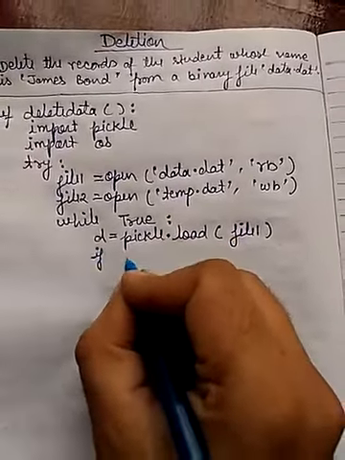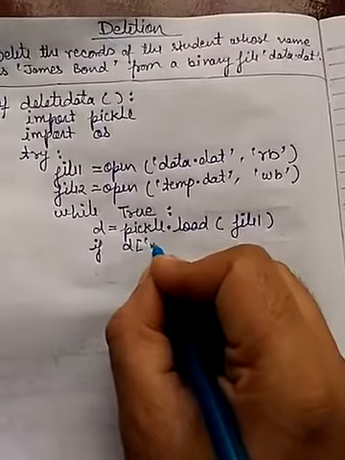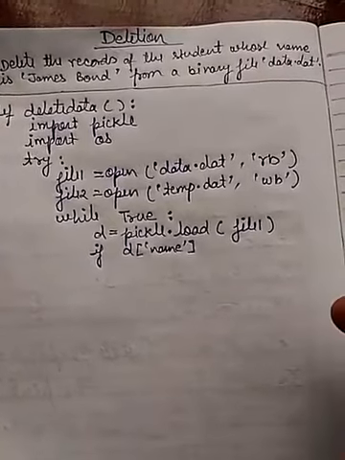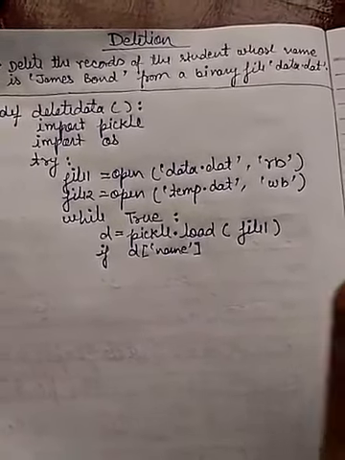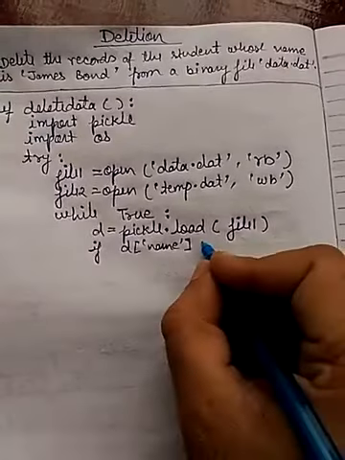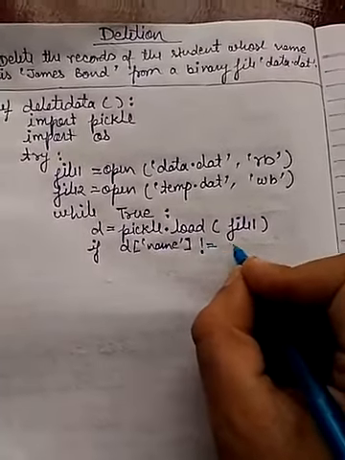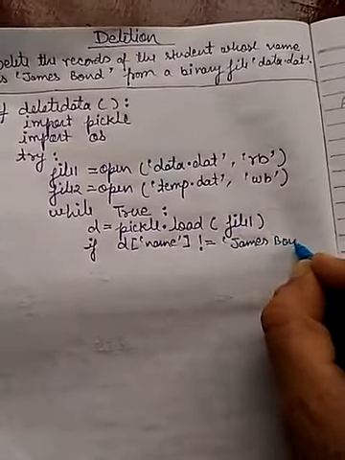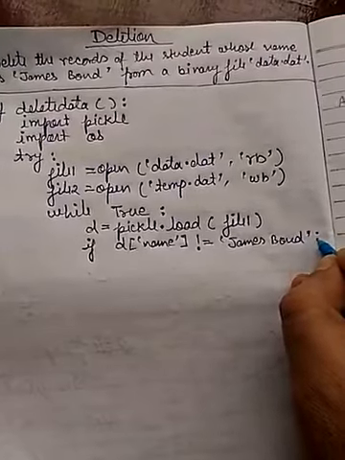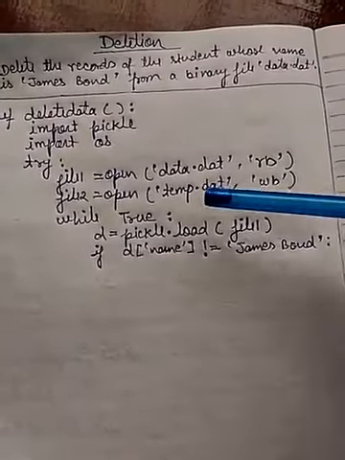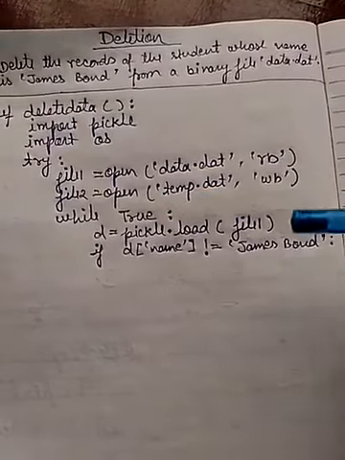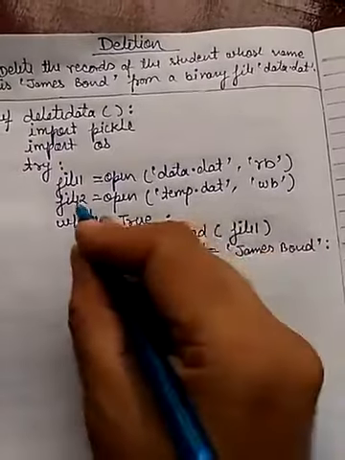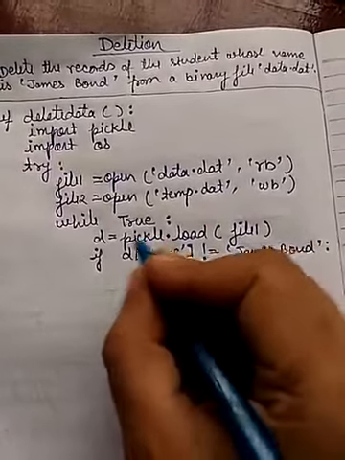So if D['name'], this is the key, we have to copy those records which are not having the name James Bond. That's why I am writing not equal to James Bond. If the name of the loaded dictionary is not equal to James Bond, then we will dump this record in file2.